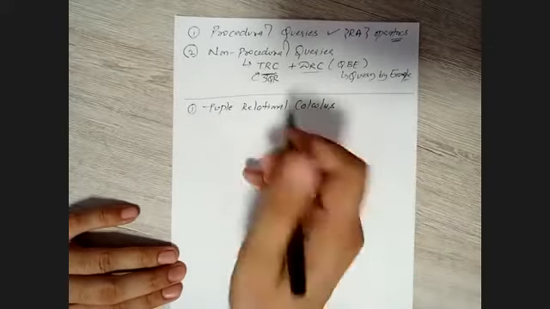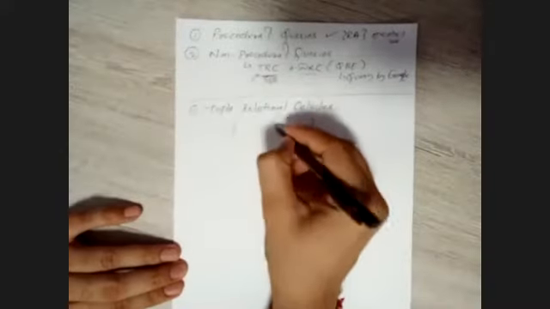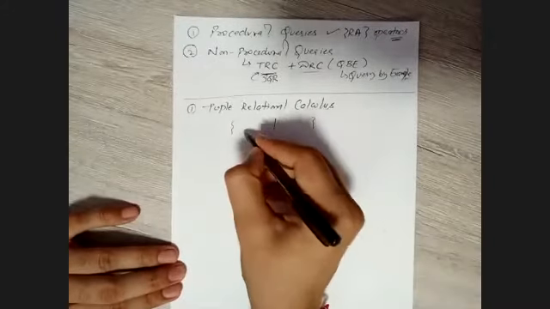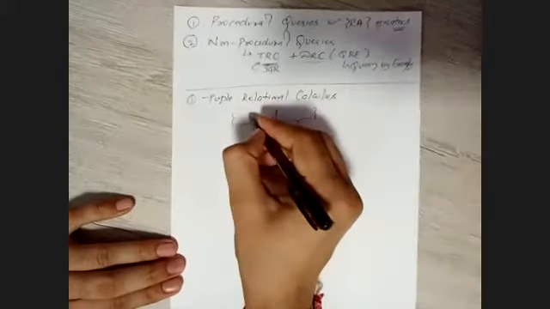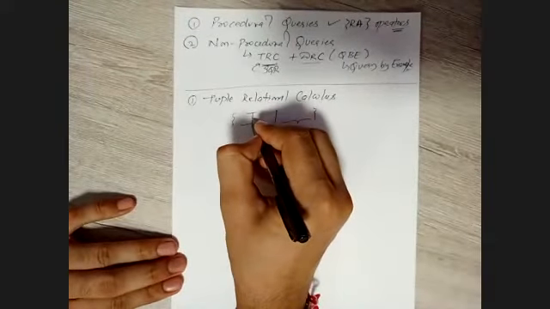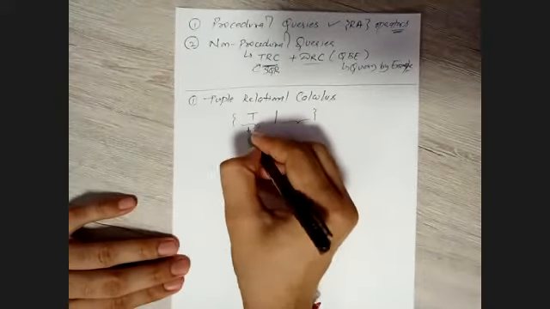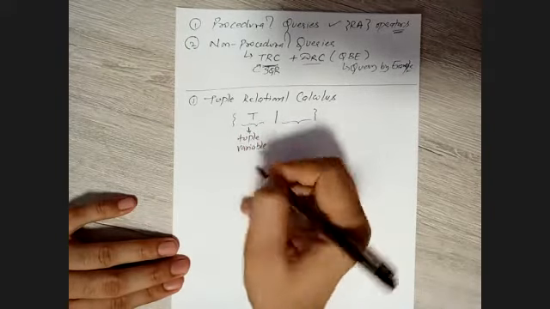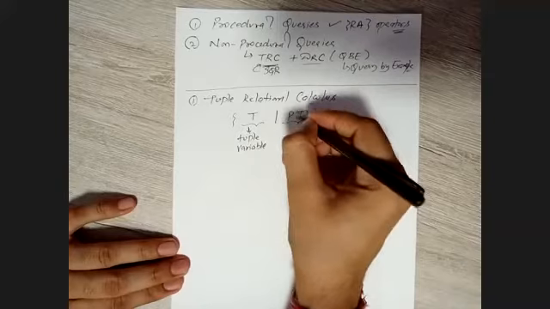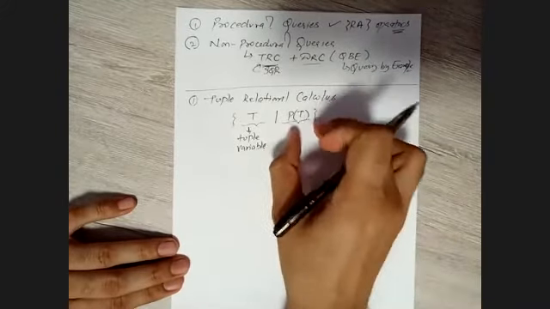In the same way, for TRC we have a certain syntax, formally written in curly braces with a pipe, and we have two parts. The first part is your tuple variable. The second part is something like P of T, which is your formula.